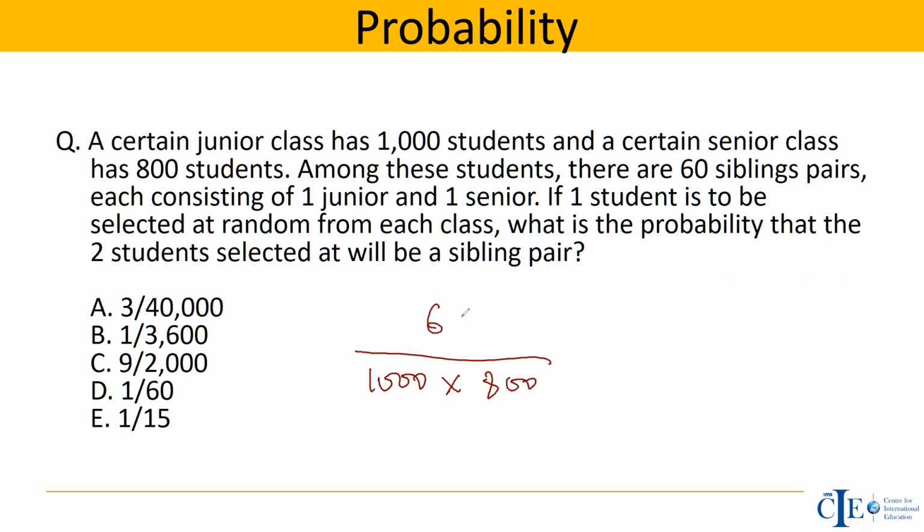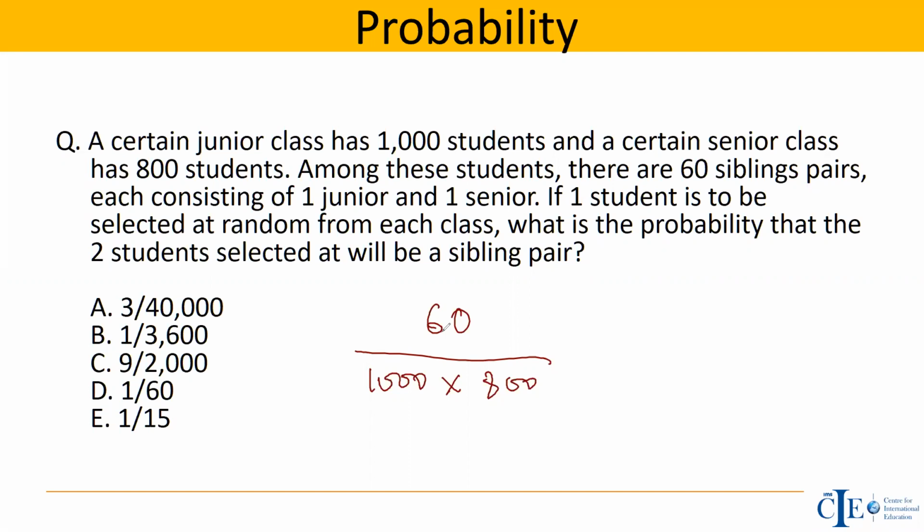So it's going to be 60, not 60 into 60, right? So therefore, 60 over 1000 into 800. Because 1000 into 800 is the possibility of forming one pair, which could be any junior linked with any senior. So this is the number of ways in which you can form that pair, and out of those pairs, 60 of them are siblings.